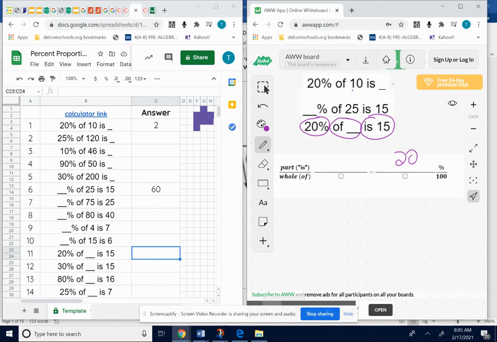The of number is what you don't know, which is on the bottom left. So that's the x. Is 15, so 15 goes on the top left. 100 is always on the bottom of the second fraction. So we need to solve 15 over x equals 20 over 100.